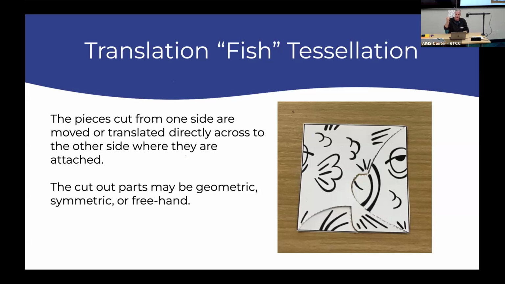You'll need to cut that out along the perimeter, so it looks like this. Then we will cut along the dotted lines and translate those pieces across and tape them in place to make our tessellation. I'll do that with a document camera as we have here. But the first step is to cut out your square along the perimeter before we make our tile.